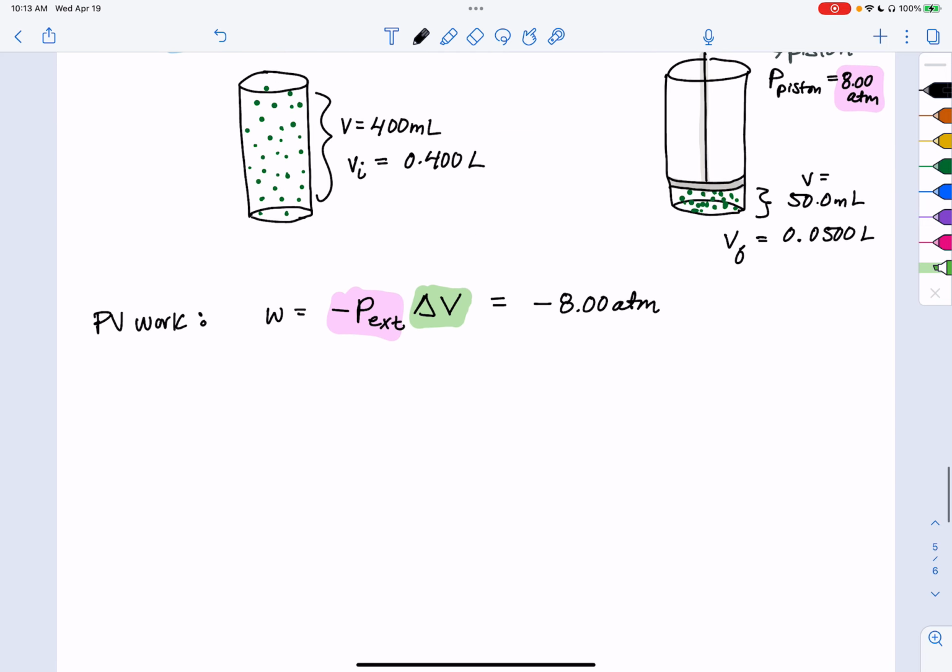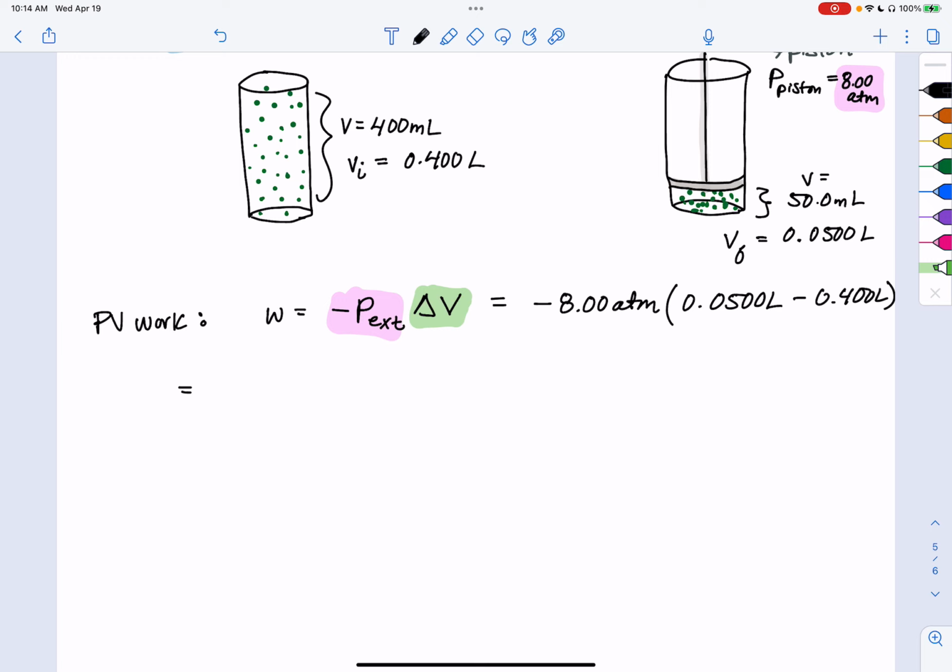And so if I'm going to calculate my change in volume, delta V, that's going to be my final 0.0500 liters minus my initial of 0.400 liters.